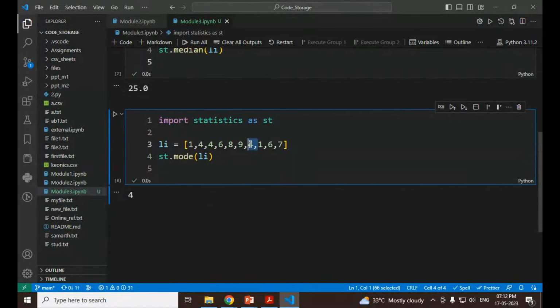If I remove all the 4s, if I remove one 4, here's 1.